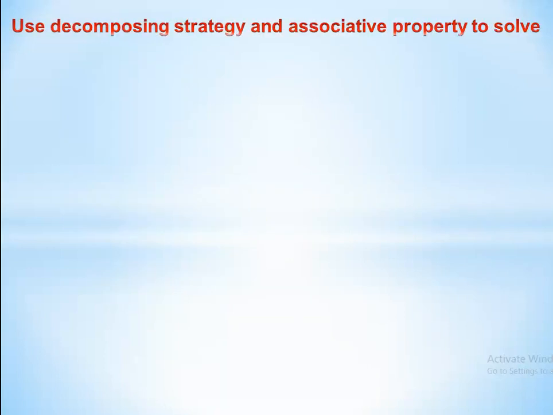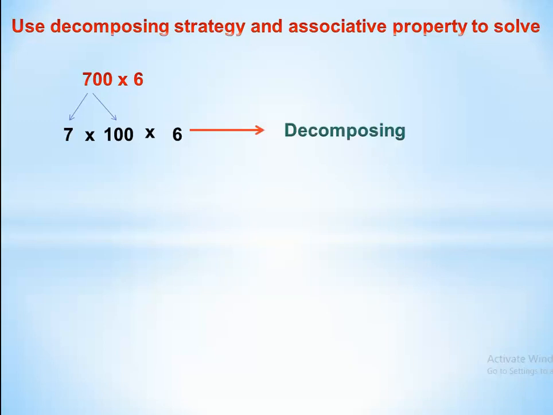Use the decomposing strategy and associative property to solve. Okay, 700 times 6. If I want to decompose 700, it will be 7 times 100, times 6. This is the decomposing property. Then change the places and put the numbers beside each other: 7 times 6 times 100.